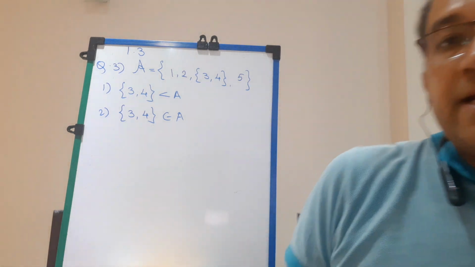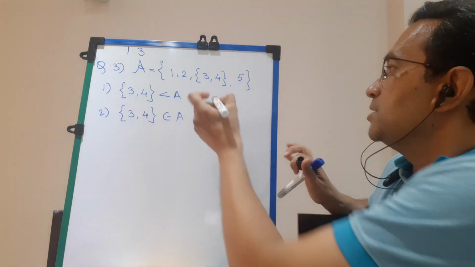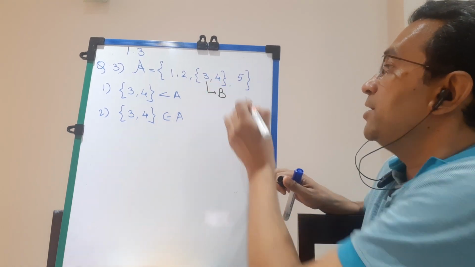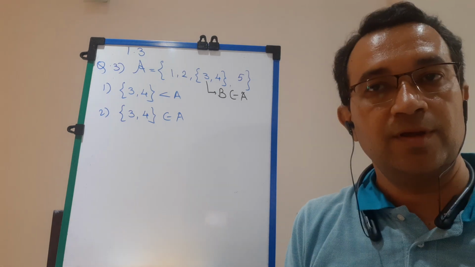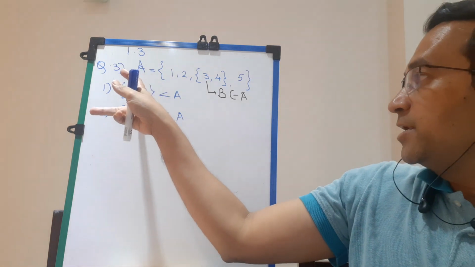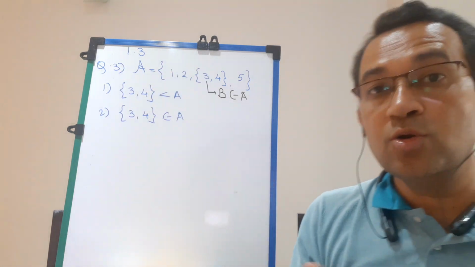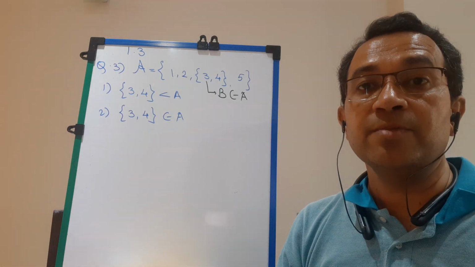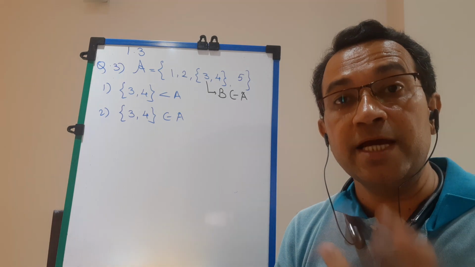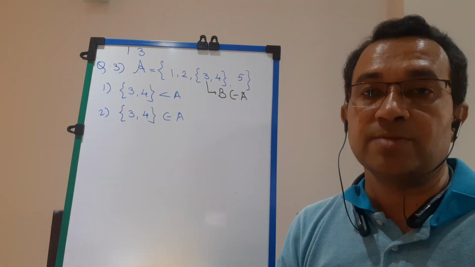If I name this set as B, then B is an element of set A. So always B belongs to A. So the first statement tells that B is a subset of A. No, set B is a subset of set A. When I write B in a set notation, then students, it becomes a subset.